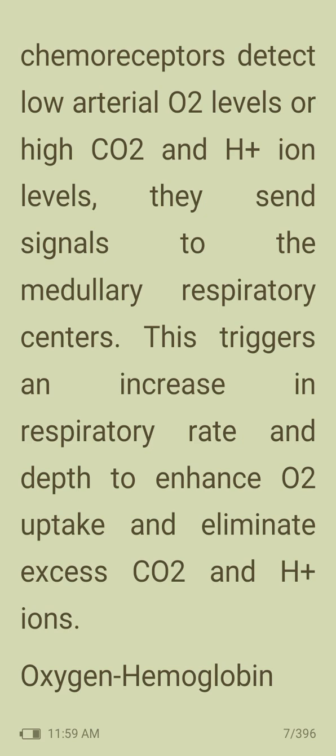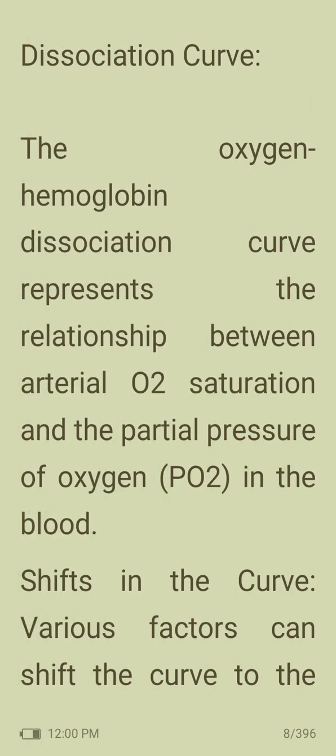The peripheral chemoreceptors detect low arterial O2 levels or high CO2 and H+ ion levels. They send signals to the medullary respiratory centers. This triggers an increase in respiratory rate and depth to enhance O2 uptake and eliminate excess CO2 and H+ ions.